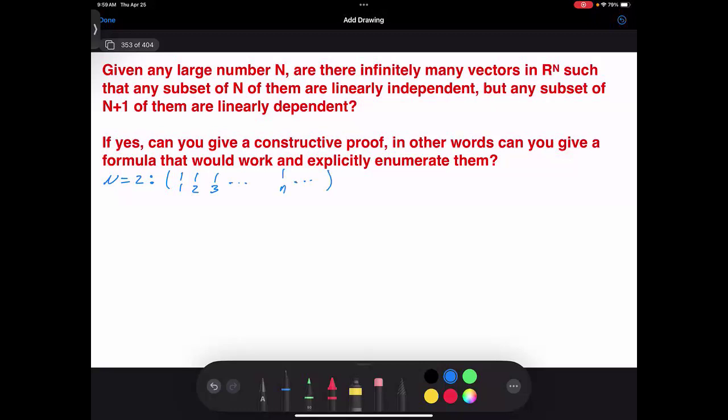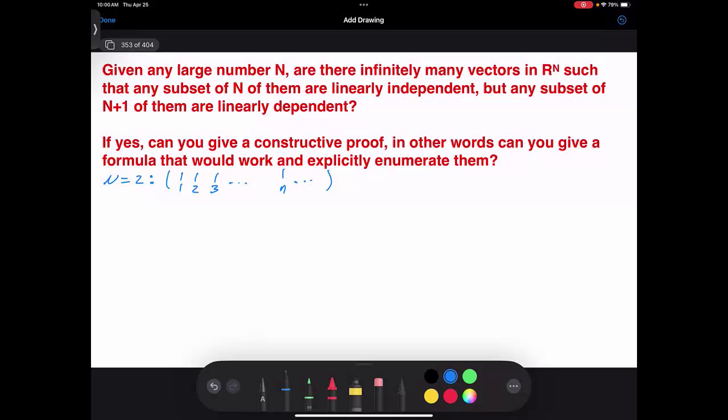Something like that would clearly work. So in the case n equals 2, I have something that's constructive and works. And then the question would be, can I take this and somehow bump this up in another dimension? Maybe I now put in some extra things down below. And the argument gets a little bit harder, but you could probably make this work.